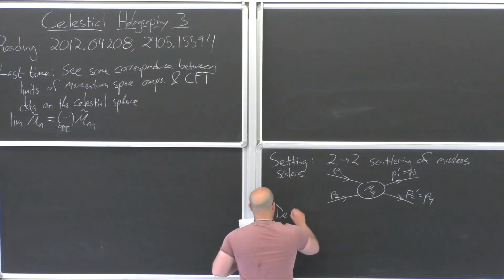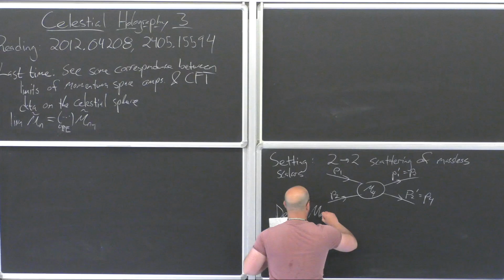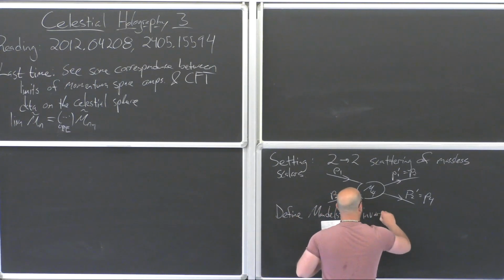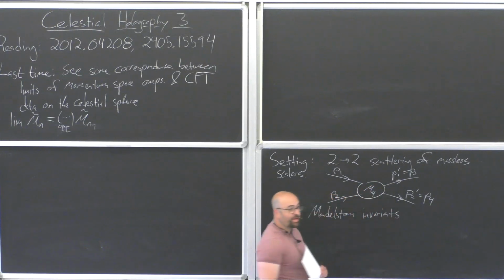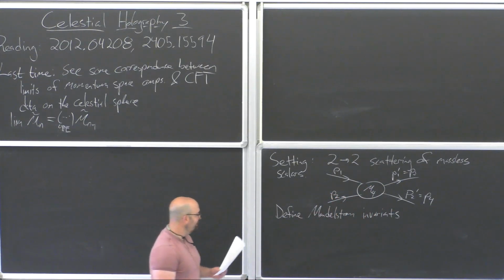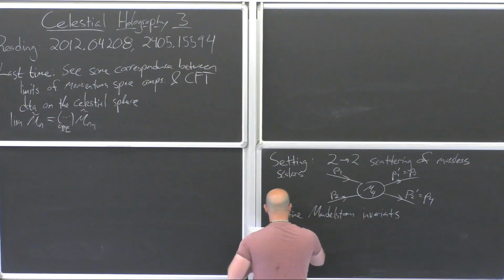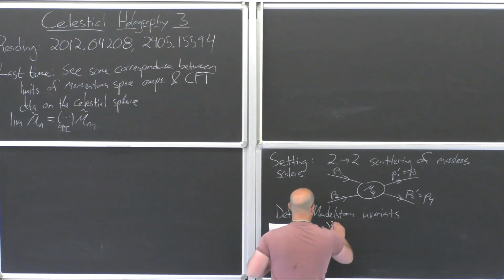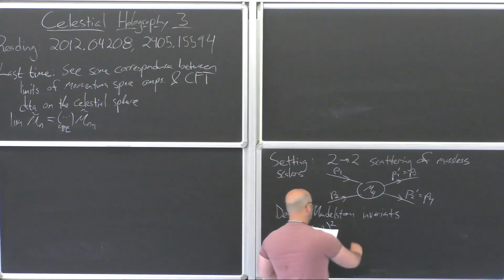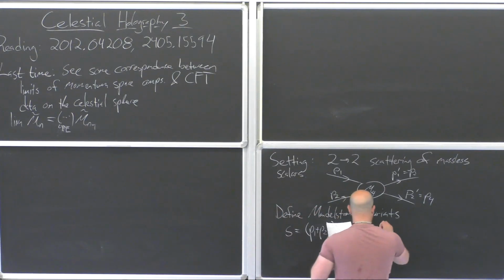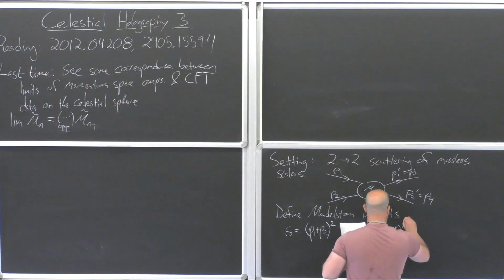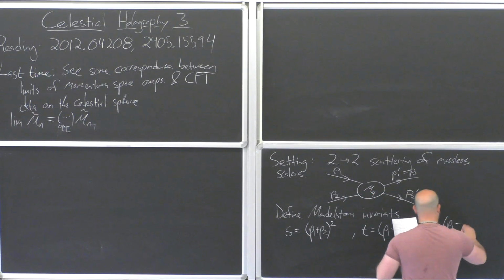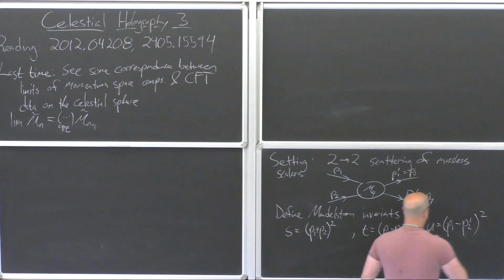So define the usual Mandelstam invariants. These are the kinematic invariants for this scattering process. They have canonical names, S, T, and U. So for us, S is going to be (P1 plus P2) squared. T is going to be (P1 minus P1 prime) squared. And U is going to be (P1 minus P2 prime) squared.